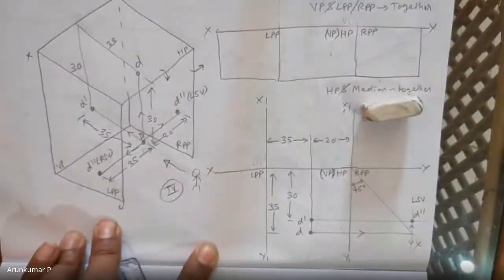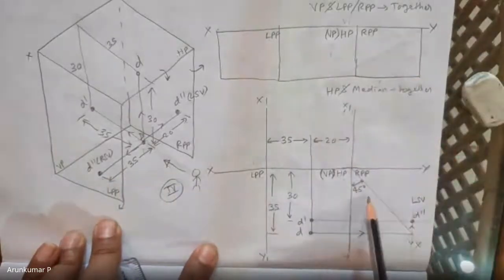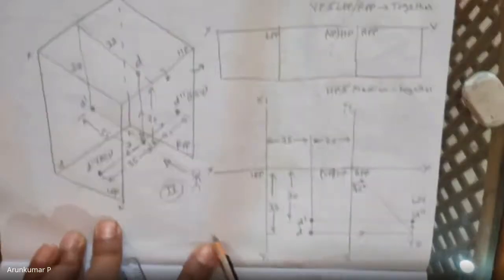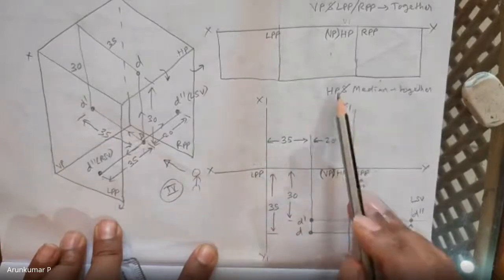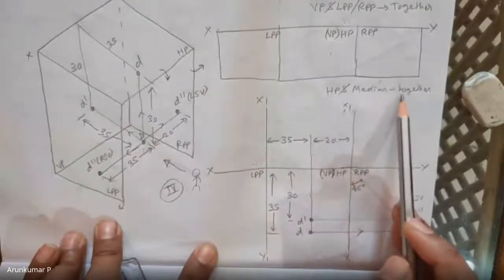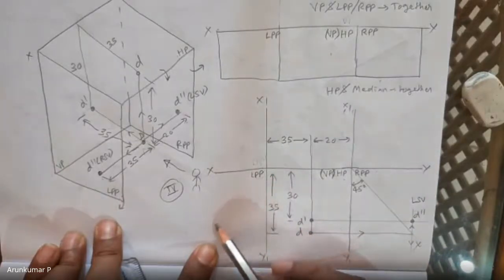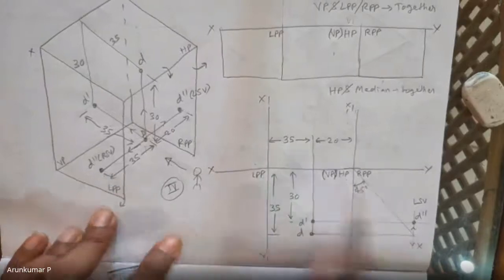Okay. Now comes another issue, that is median line. If you want to get the side view on the left profile plane, where are you going to draw the median line? You can see HP and median line together. So you have to draw the median line in the left profile plane, just like you draw in the right profile plane. Same thing.